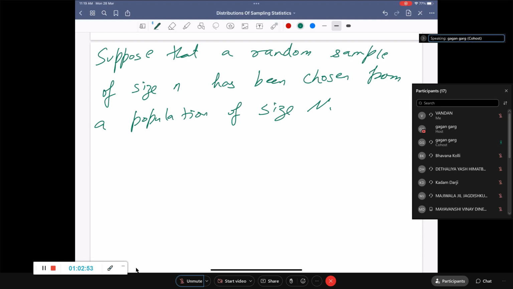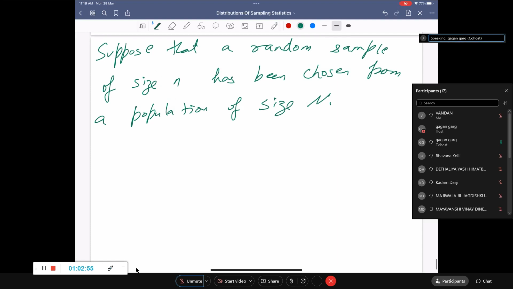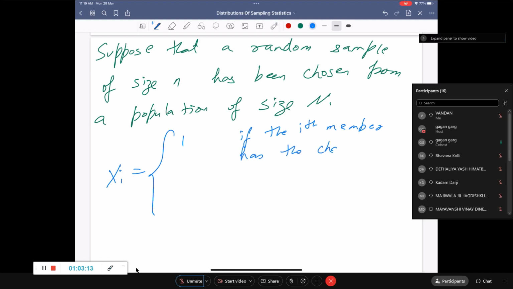Okay. Now you choose an indicator random variable xi and you define xi to be equal to 1 if the ith member has the characteristic and 0 if it does not.